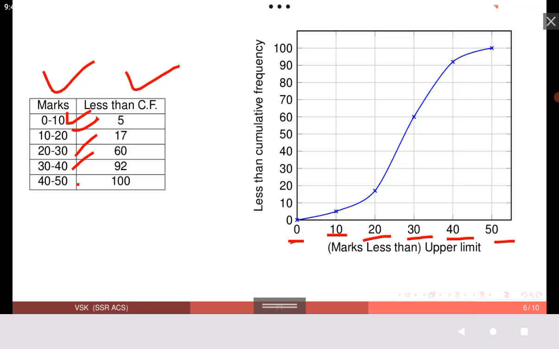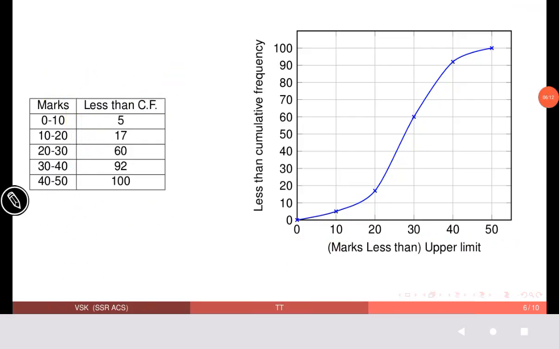Now we'll mark the cumulative frequency. Corresponding to 10, we'll mark 5. So between 0 and 10, this point will be identified. For 20, we'll identify the point at height 17.